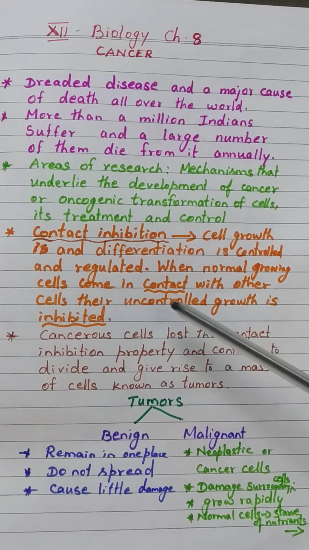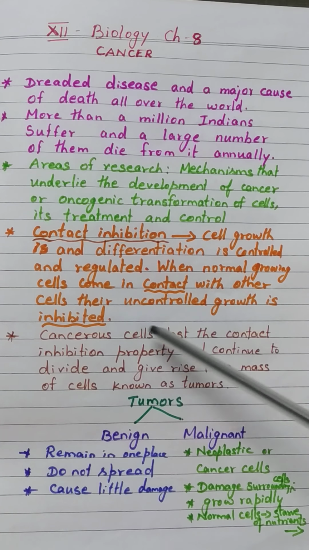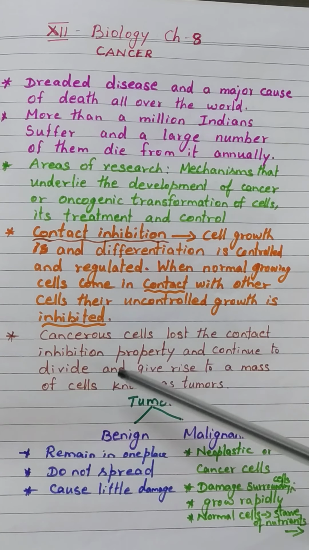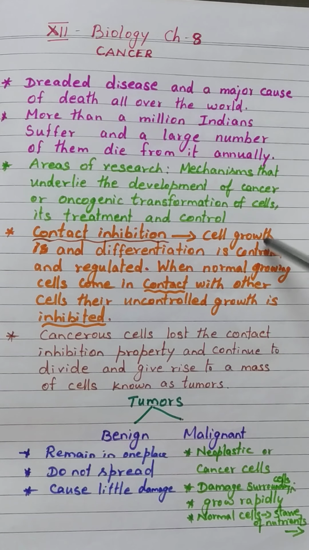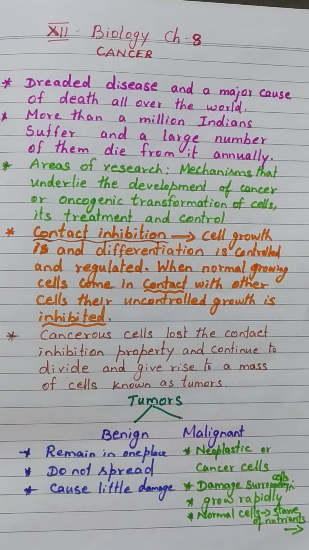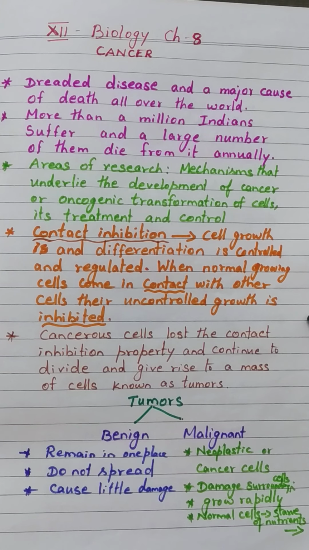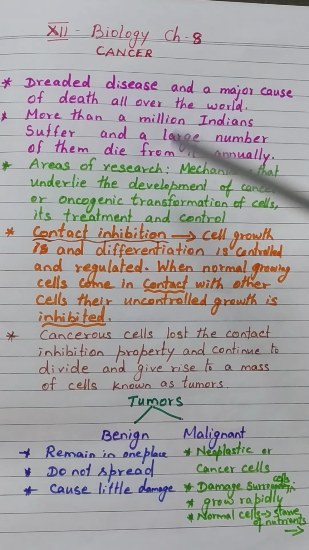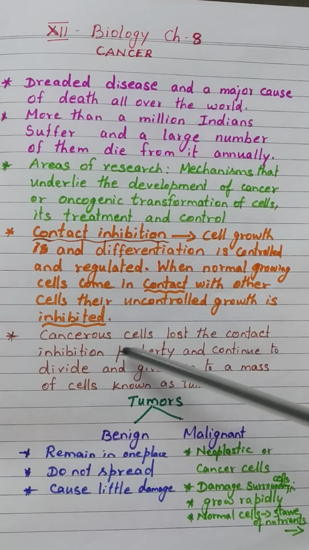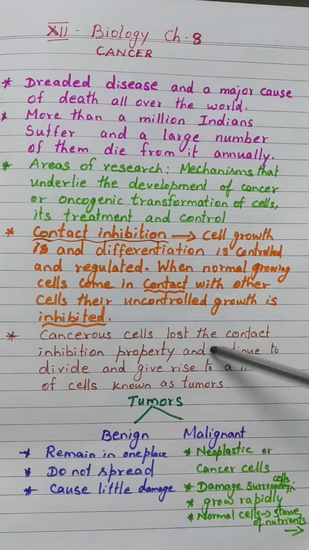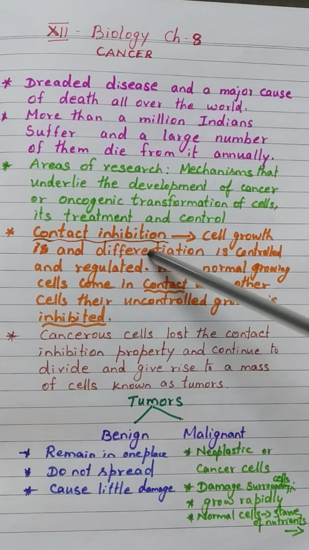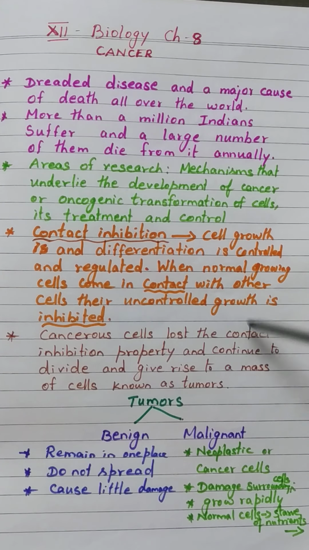This is known as contact inhibition. That means when our cells come in contact with other cells, they stop growing, and that property is known as contact inhibition. This is the property of normal cells in our body. But cancerous cells lose this contact inhibition property, and they continue to divide and give rise to a mass of cells known as tumors.